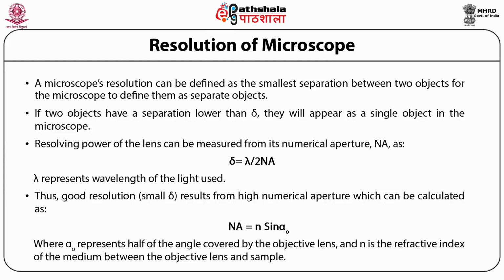Therefore, if the gap between the lens and the sample is filled with oil, the numerical aperture can have values greater than unity, as oil has a refractive index greater than 1.